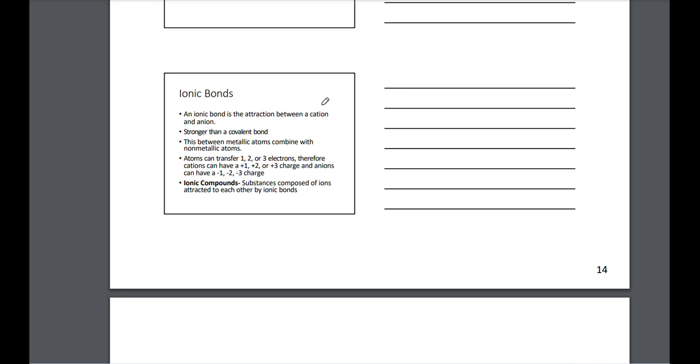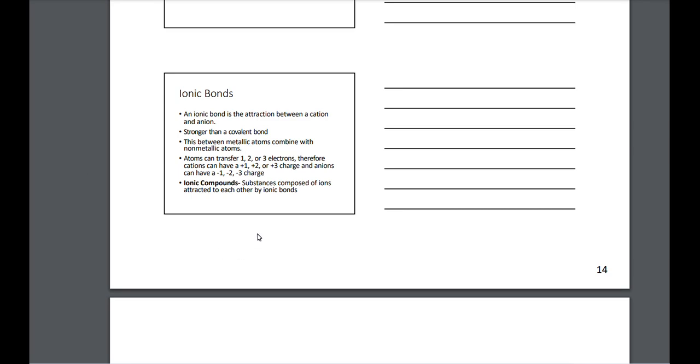And that should make sense, right? Because they come close to each other in contact, and that's where the bond is formed. The attraction between the two charges, the positive and the negative, forms the ionic compound.